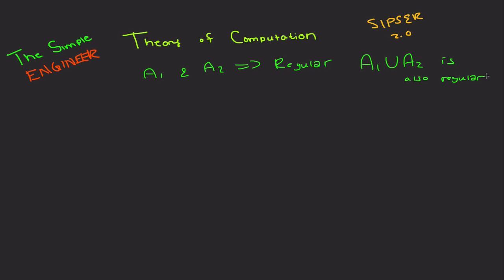In order to do this, we're going to use something called proof by construction, where we actually construct a DFA that recognizes this language. Because we know that a language is regular if and only if it can be recognized by some DFA, this is a very feasible thing to do.